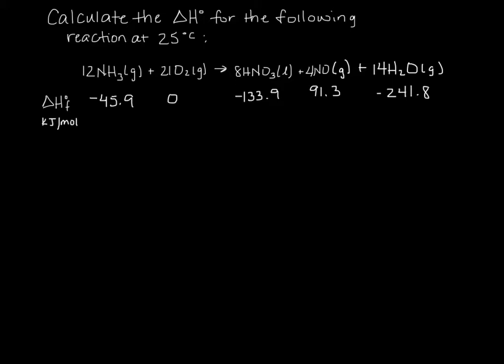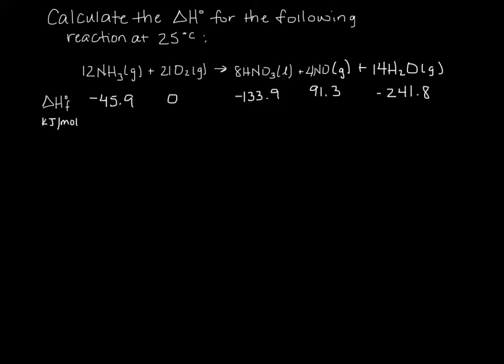So that's exactly what this problem is asking us to do, to calculate the delta H for the entire reaction using the individual delta H of formations for each of the compounds involved in the reaction, both our reactants and our products. So if we notice, our delta H of formation is in kilojoules per mole.